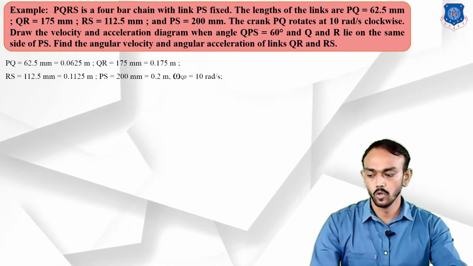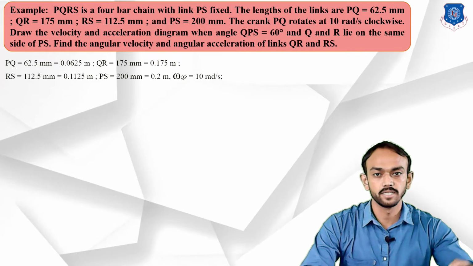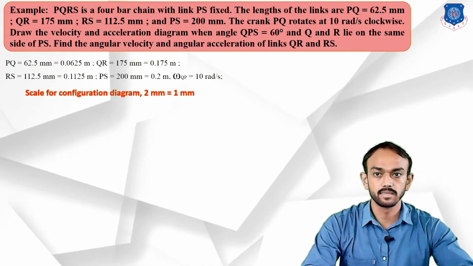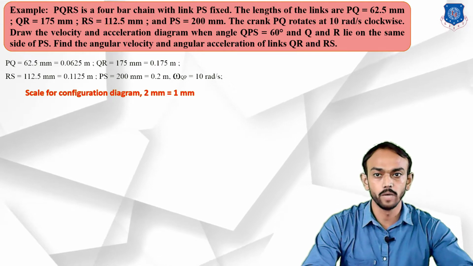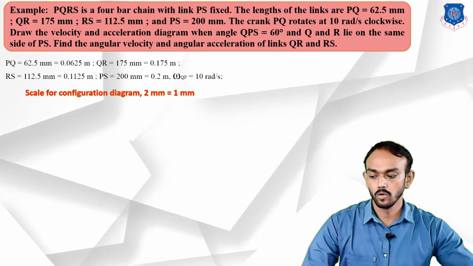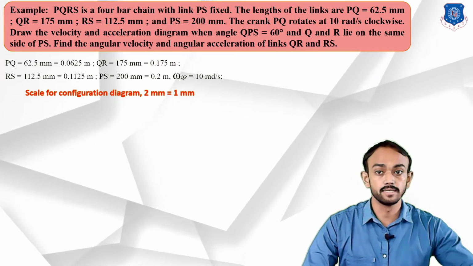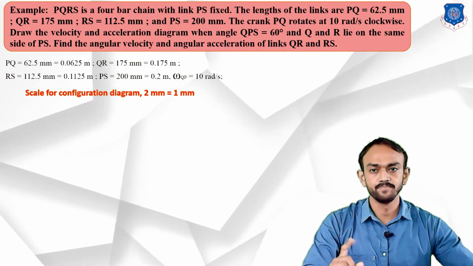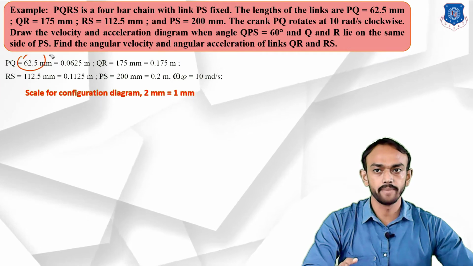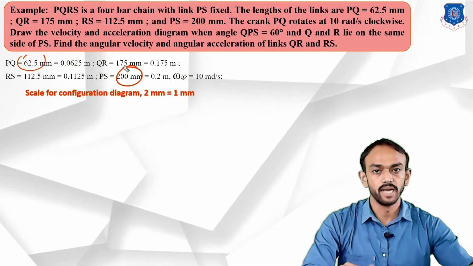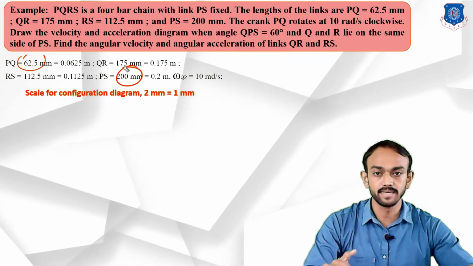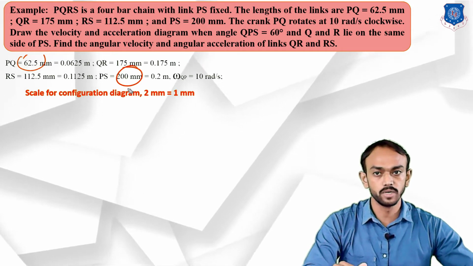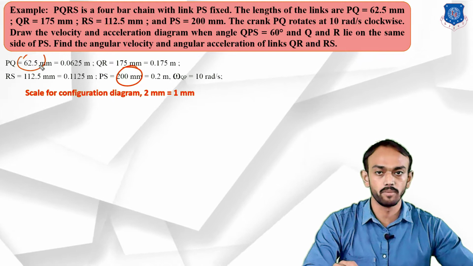First of all we will draw this space diagram and take some scale. You can see the scale we have taken is 2 mm equal to 1 mm. How can we decide which scale is suitable? Whenever you choose a scale, first consider the smallest and largest dimensions, and according to that you can decide the scale. Here the largest is 200 mm and the smallest is 62.5 mm.